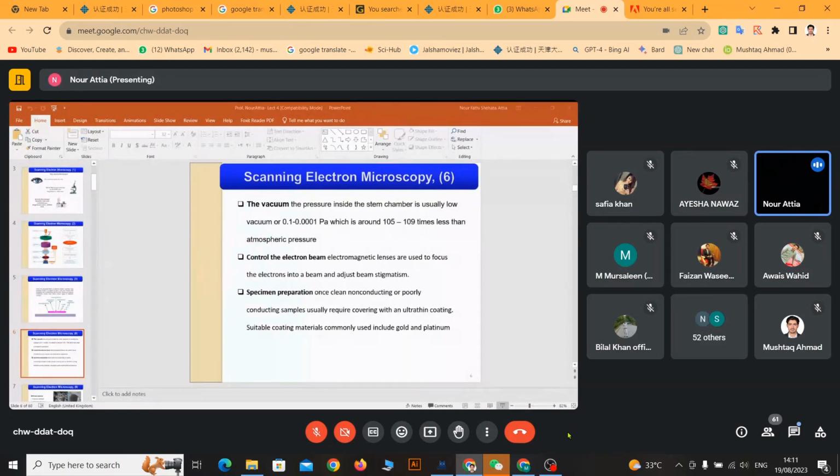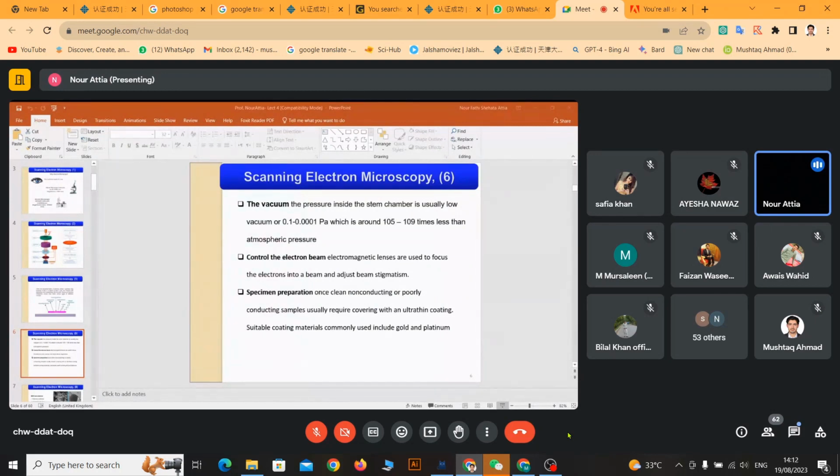So if the sample is not conductive, then we should coat it with gold or platinum. That's why there is a simple instrument besides this SEM, called a coating machine. You put the samples in that coating machine, and it coats your samples with a very thin conducting film.